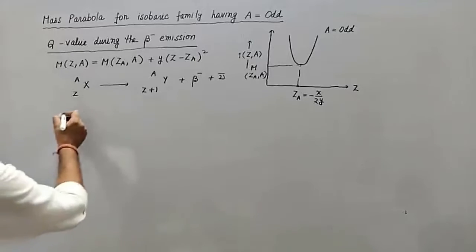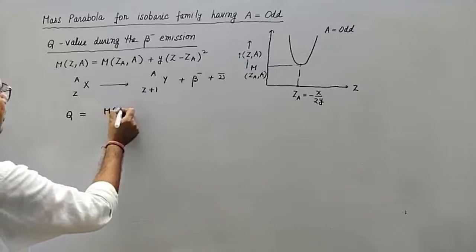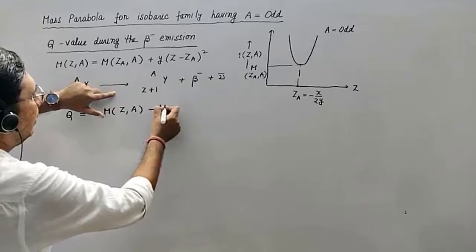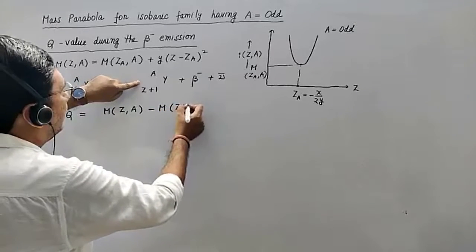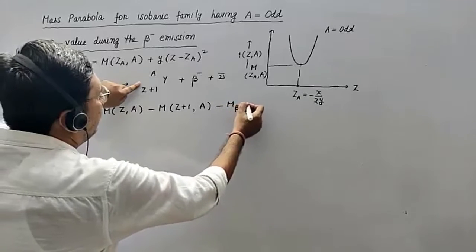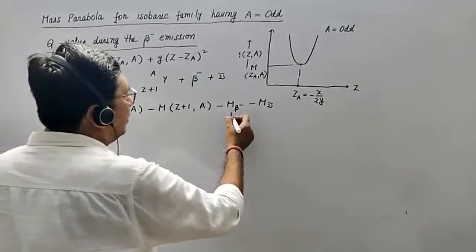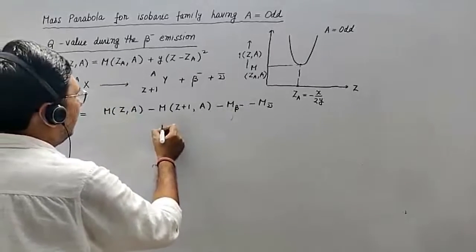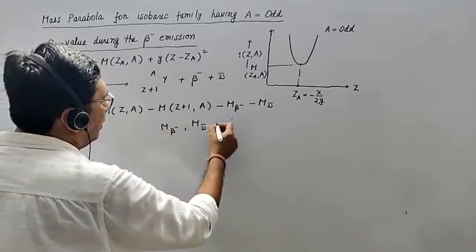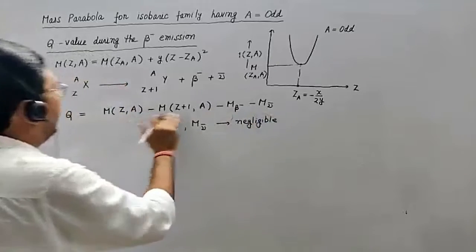Now what will be the Q value? Q value will be equal to the mass of the parent nuclei, m(Z,A), minus the mass of the daughter nuclei, m(Z plus 1, A), minus the mass of the beta minus particle, minus the mass of the antineutrino. Here the mass of the beta minus particle and the mass of the antineutrino are negligible as compared to these two values.